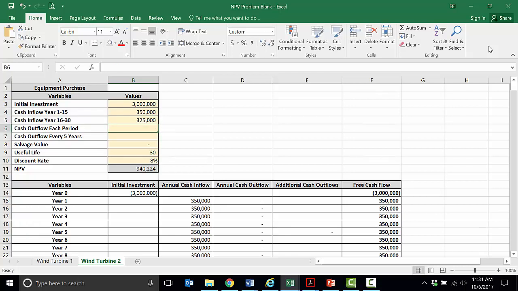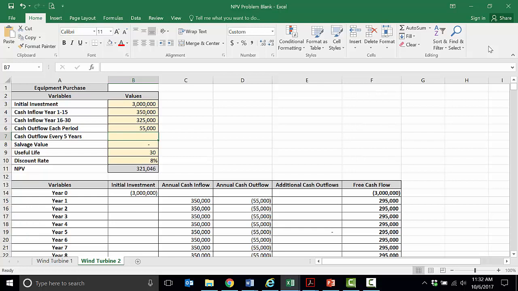This reduction may result from the wind turbine being less productive over time, or even from one of the subsidies that we were expecting to end around year 16. Going on to the cash outflows, let's assume the cash outflows stay at $55,000 each year. So those are the periodic cash flows occurring each year.